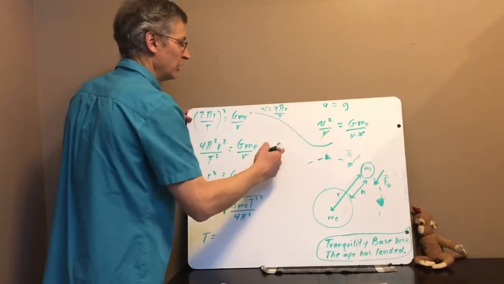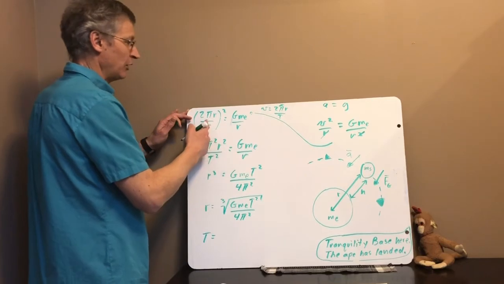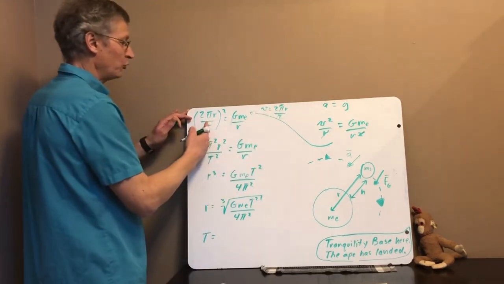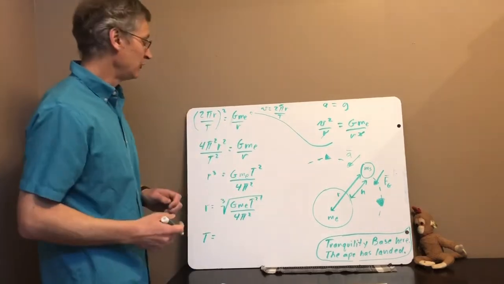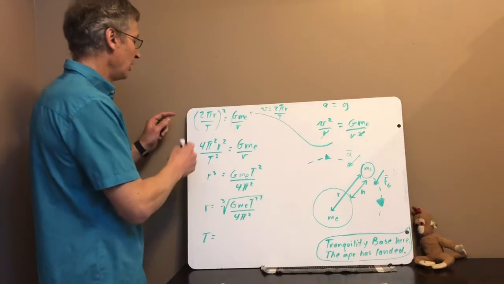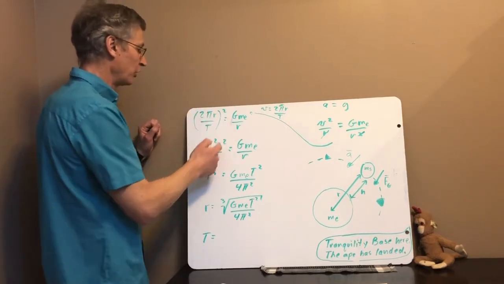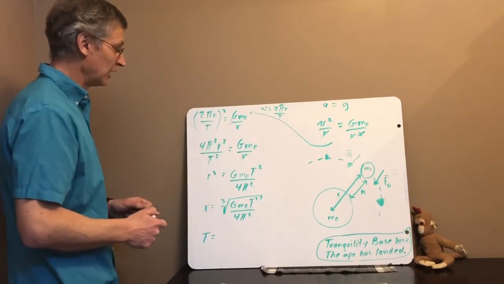V squared is going to be equal to 2 pi r over T, squared. There it is. I substitute in that for V, and it shows up over here, and that's equal to G M_E over R. And then it's just a little bit of algebra. 2 squared is 4, pi squared is just pi squared, r squared is just r squared, T squared is just T squared, and the other side doesn't change.